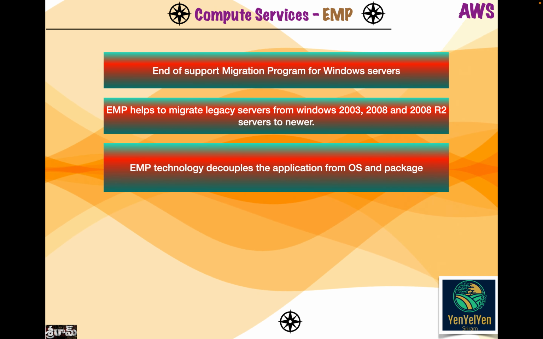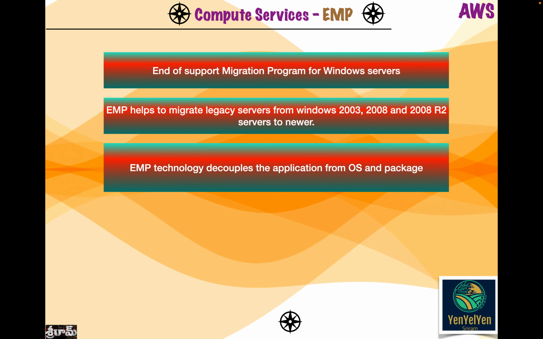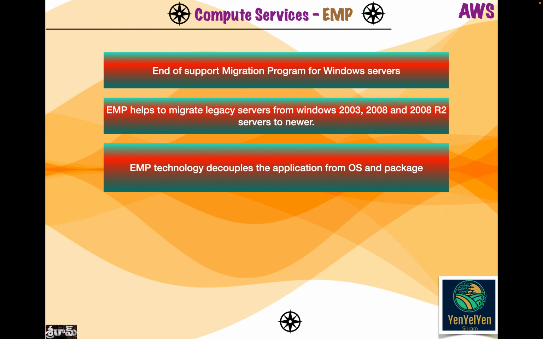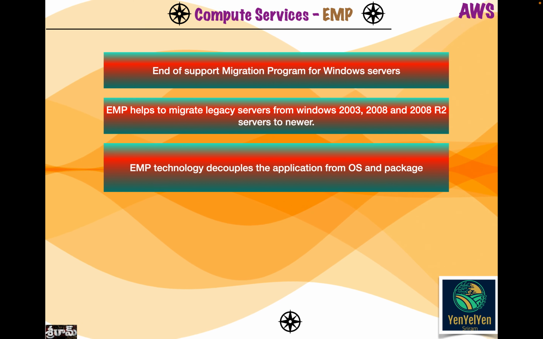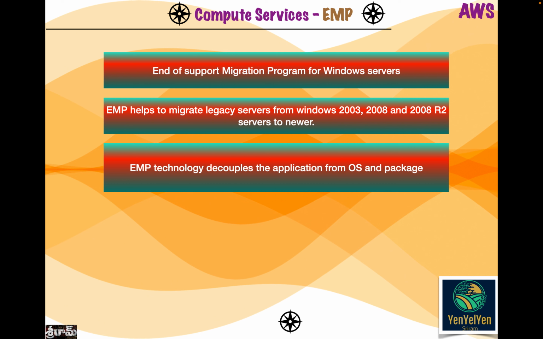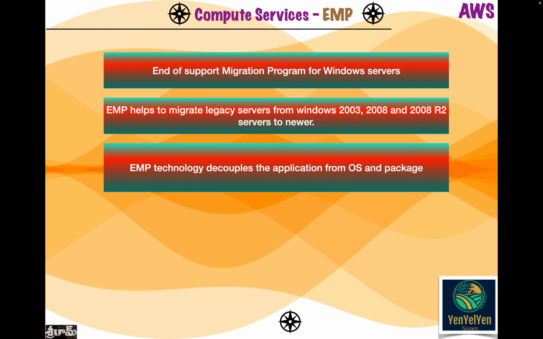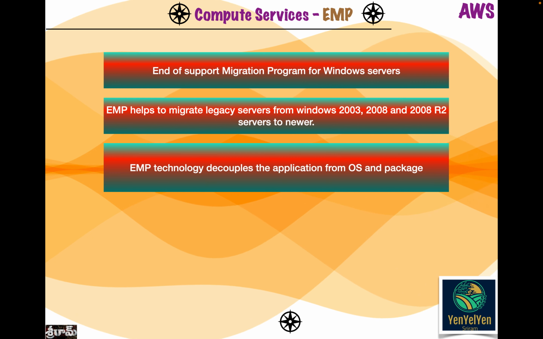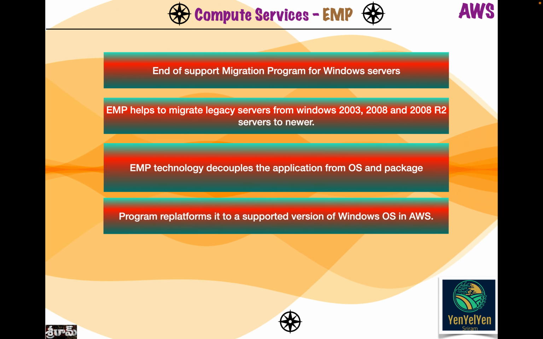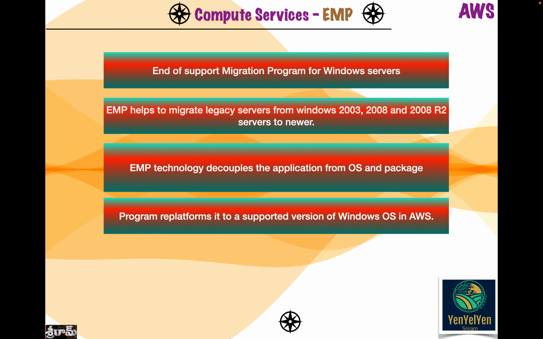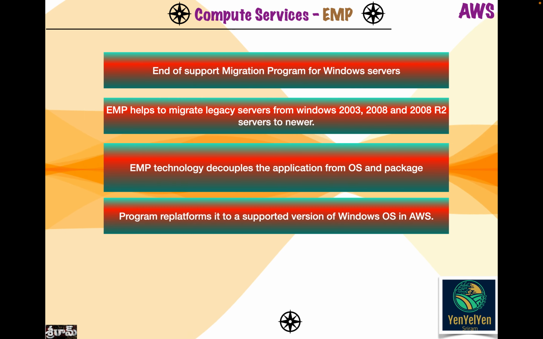EMP technology decouples the application from the existing operating system and packages it with all necessary application files and components. The program then refactors or re-platforms it to a supported version of the Windows operating system on AWS. After the migration, any outdated API calls are redirected, enabling the application to run on the latest version of the Windows operating system.